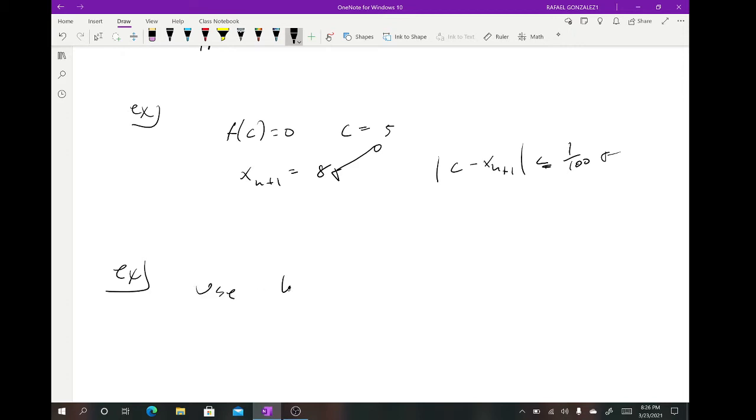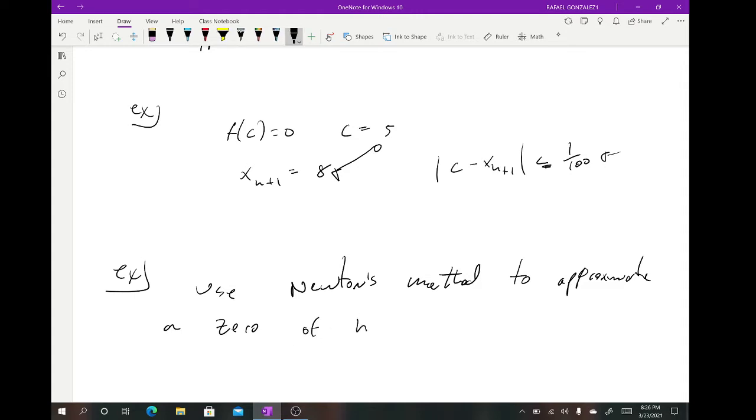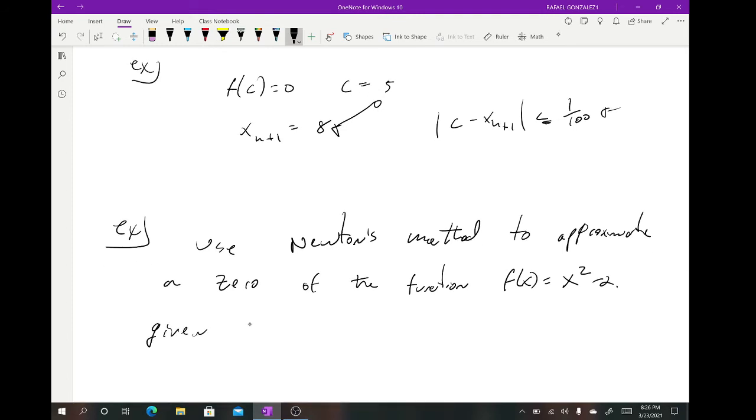So we will use Newton's method to approximate a 0 of the function f of x equals x squared minus 2, and given x1 equals 1 as the initial guess.